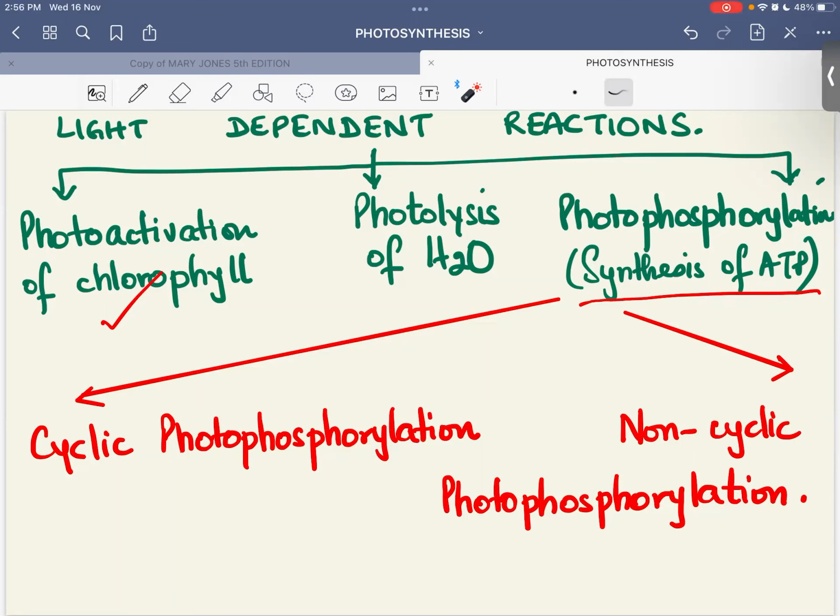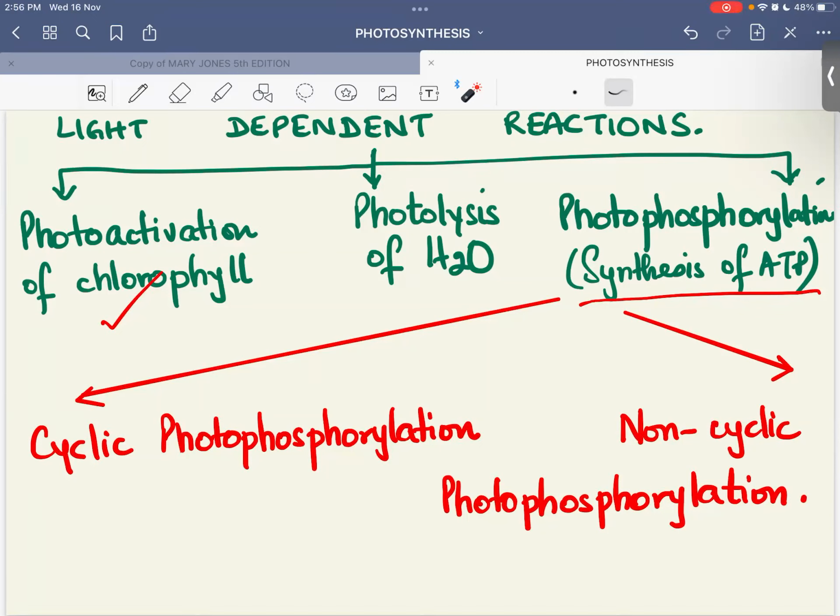Okay, let's sum up this. Light dependent phase consisting of 3 photos: photoactivation of chlorophyll, photolysis of water, and photophosphorylation. The reason why we are not using the word oxidative phosphorylation is that over here the phosphorylation happens in the presence of sunlight, and the end product is the same, which is the synthesis of ATP. ठीक है? So let's do all of these in detail. ये तो हमने कर लिया है photoactivation.